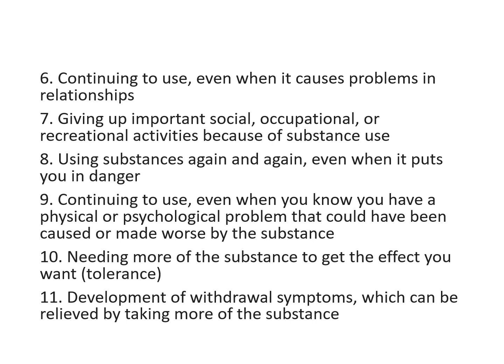Number 8, using the substance again and again, even when it puts you in danger. Some of the things we've seen in recent years, people addicted to the opiate fentanyl will continue to use even though it's really unpredictable what you're getting when you get illicit, illegally made fentanyl. And so there are a lot of overdoses.